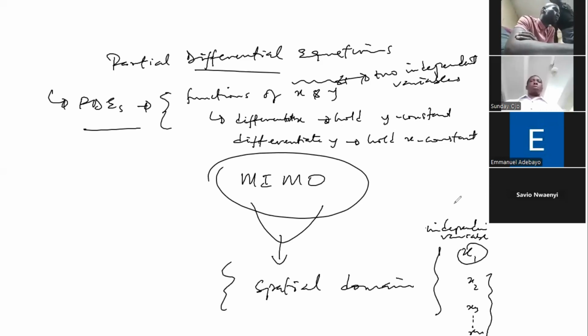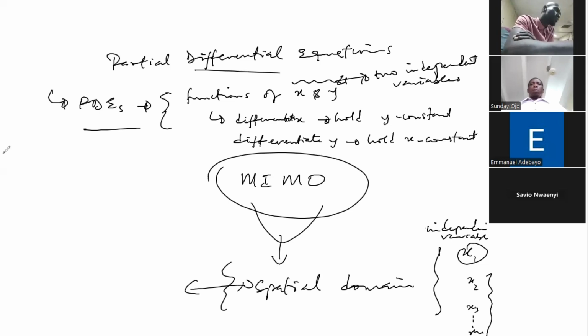So partial differential equations are very important in describing multiple input, multiple output systems, largely because we are dealing in the spatial domain, and that means we have a number of independent variables to deal with. I think that is what makes it interesting.